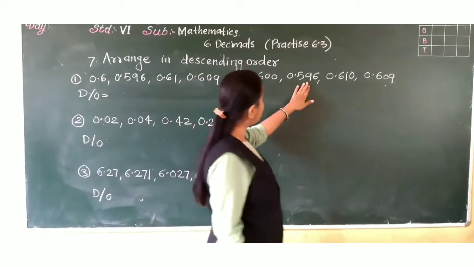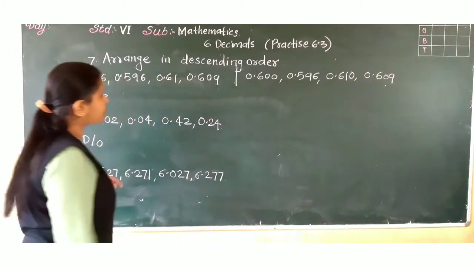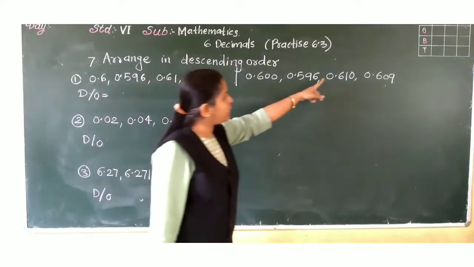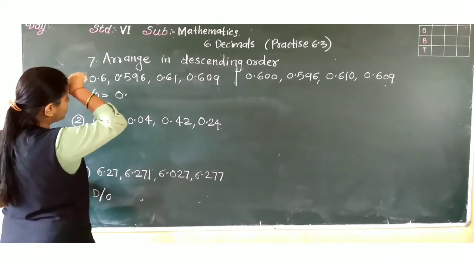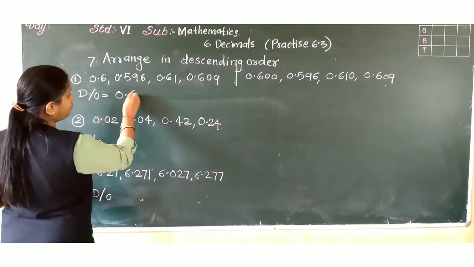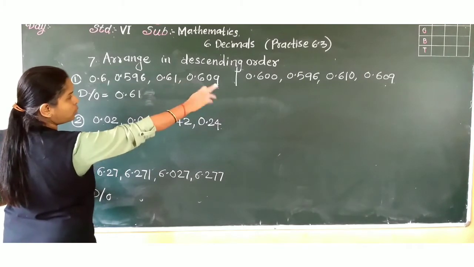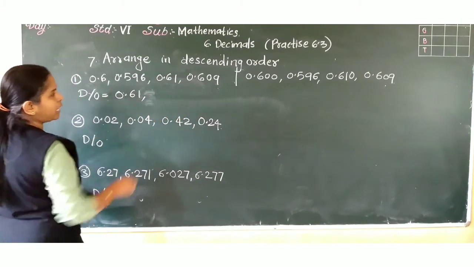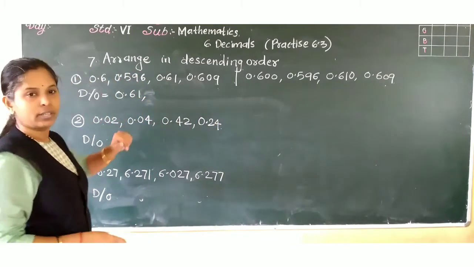Who is greater? 600, 596, 610 or this. So 610 is greater. So we have to write the greatest number first. Okay. This we have done. I am not writing this. Next. After 610 what will come? 609.